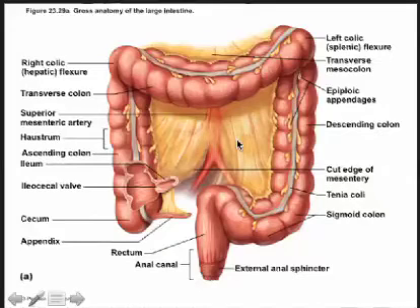Other important features to note, just giving orientation, there's the common iliac artery. There is the abdominal aorta, and then here you can see the superior mesenteric, and of course the inferior mesenteric is going to be below that. So it's all basically connective tissue here.